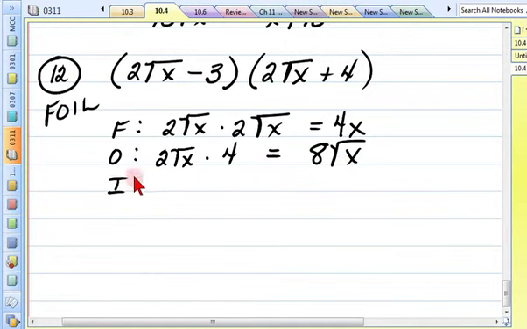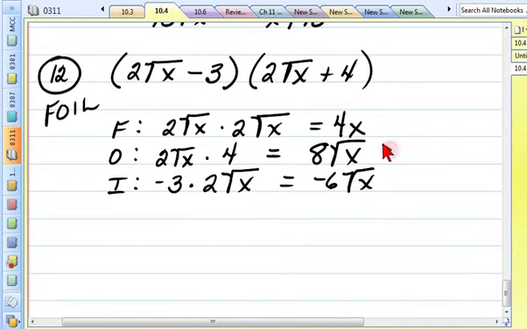Inner product. I have negative 3 times 2 times the square root of x. And what do I get as that piece of the problem? Negative 6 square root of x. And by the way, am I going to be able to add my inners and outers? What does it give you? 2 times the square root of x.